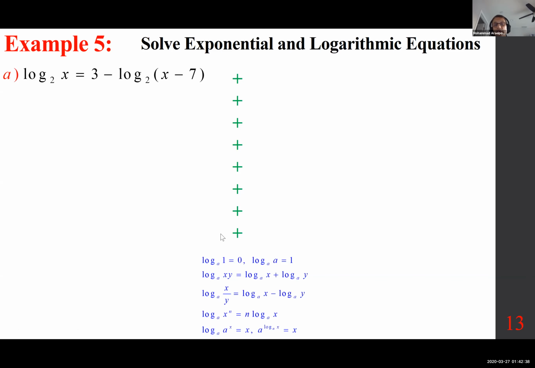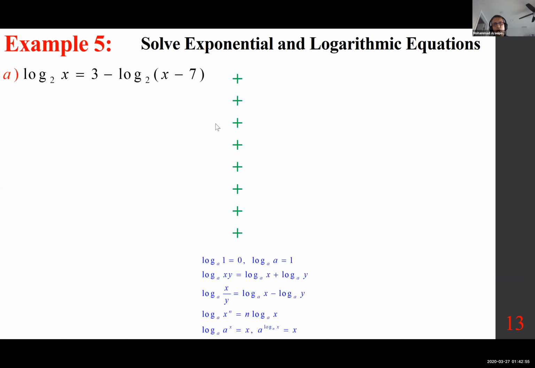I went over that. I said, if we have an equation that has a bunch of logs and numbers, do we put the logs on the same side? Very good. That's the first step.